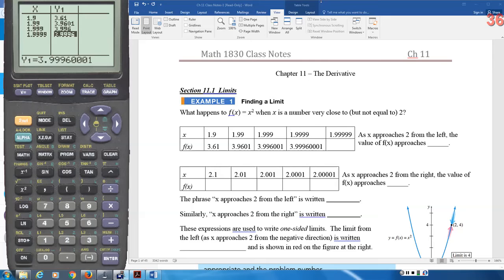So once again, notice here that even though I typed in 1.9999 and it gave me that answer for y, the correct answer has been truncated. It'll round it to as many decimals as it can show you. How do you get these numbers from there?